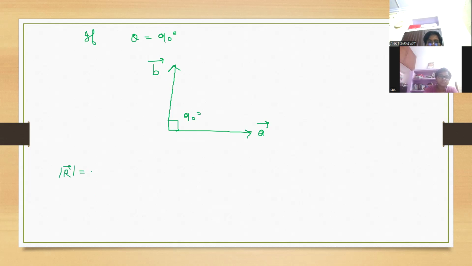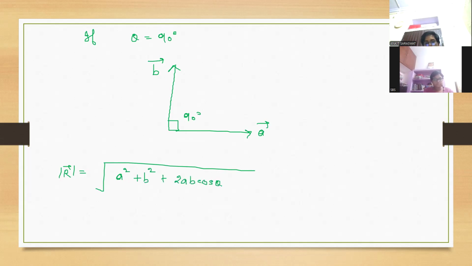One more way. If the value of theta is 90 degrees, it means one vector is like this and one vector is like this. Then if I ask what the resultant is, you apply the formula: resultant magnitude is under root a square plus b square plus 2ab cos theta.